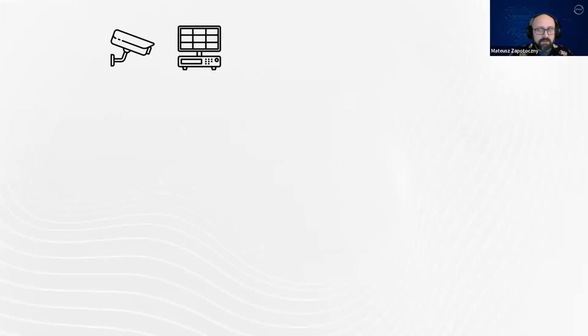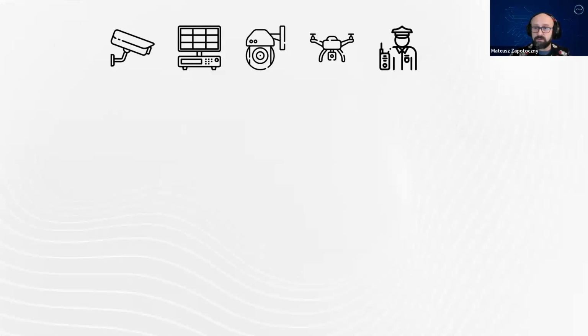But you don't have to, because you can use the analog cameras. Or maybe they are using PTZ cameras, like those security towers with PTZ cameras, or maybe a drone with a camera, drone footage, or let's say a security guard with a body-worn camera, or smartphone cameras. Those are all the streams that you can use for the AI.